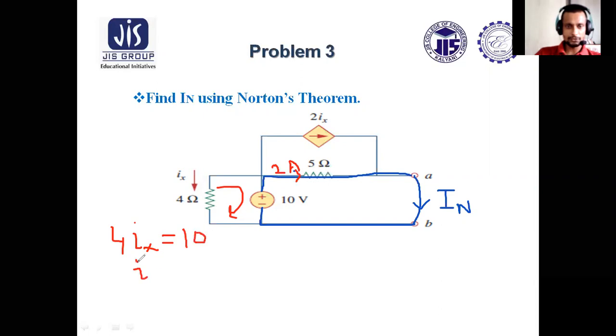So ix equals 2.5 ampere, which implies this 2ix current will be 5 ampere. So 5 ampere comes to this point, 2 ampere comes to this point. So current through this will be 7 ampere. So IN will be 7 ampere.